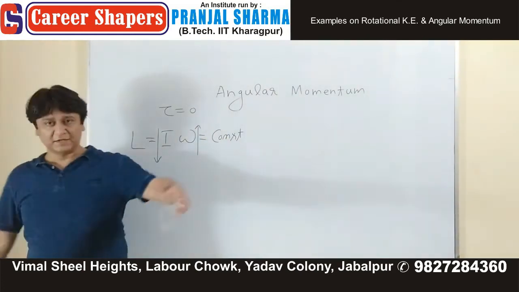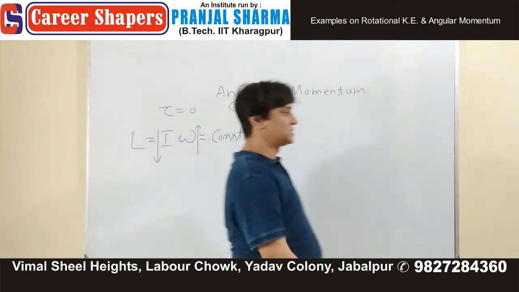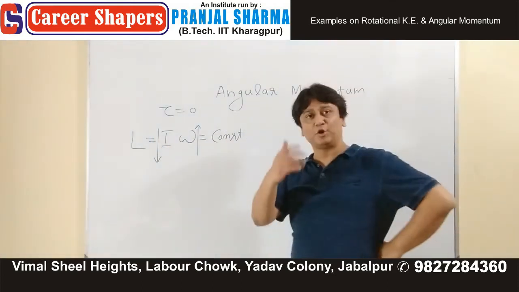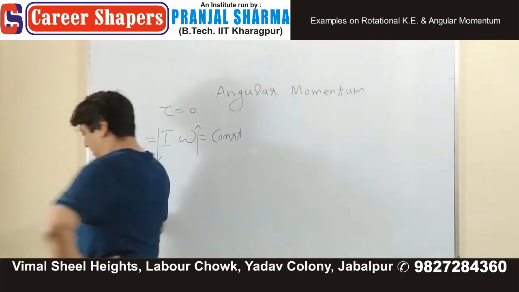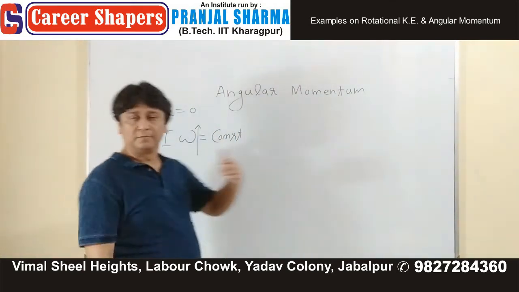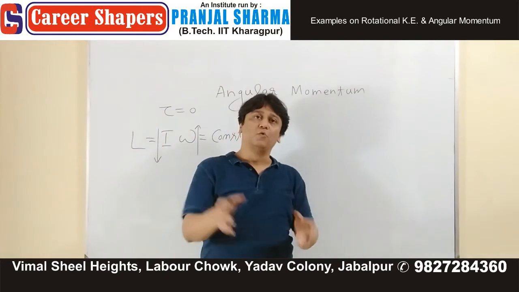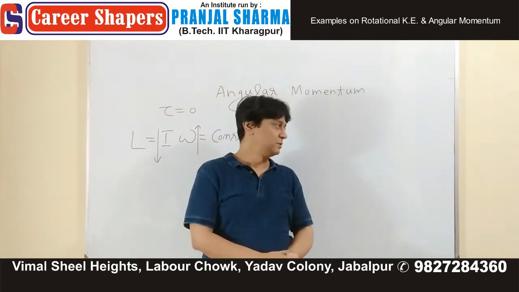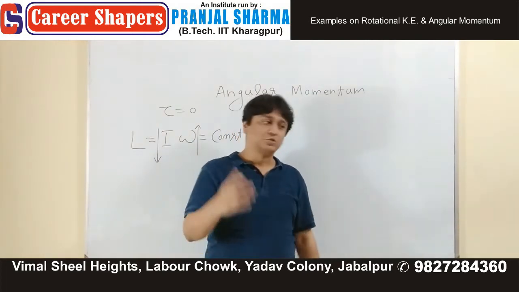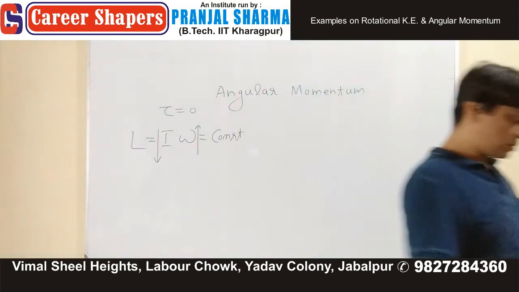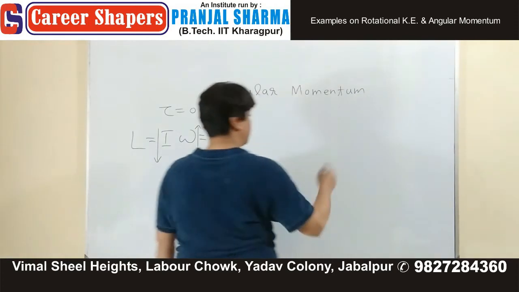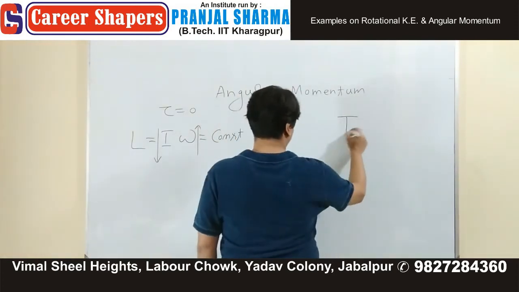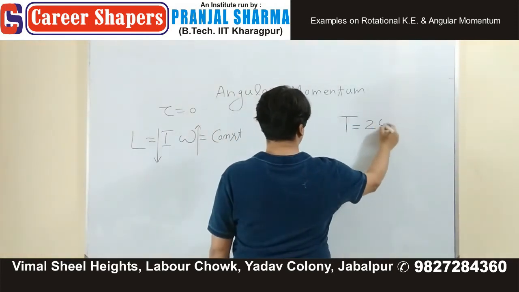Now, let's try to answer this next question. Let me see how many of you will be able to. If temperature of Earth due to global warming increases, then what is going to happen with duration of day? Duration of day is 24 hours.